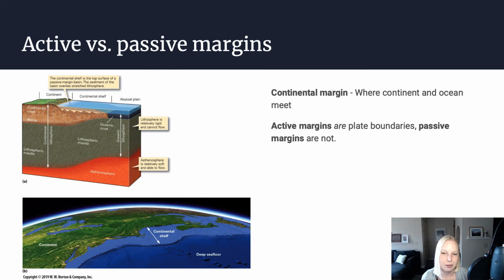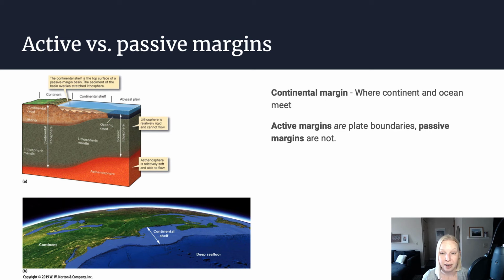I want to mention one thing about active versus passive margins. These are terms that you might come across. A continental margin is essentially where continent meets ocean, or continental crust meets ocean crust. That's what we call a continental margin. We say that these margins are either active or passive based on whether or not they are plate boundaries or not.